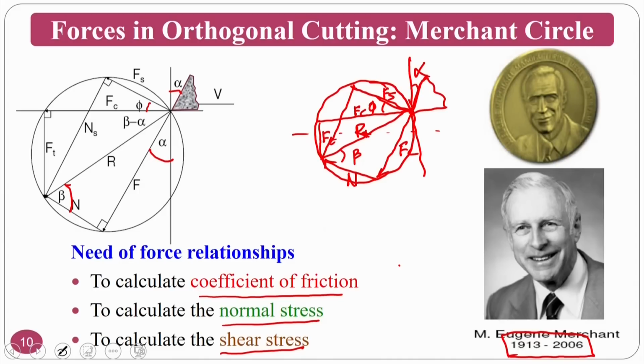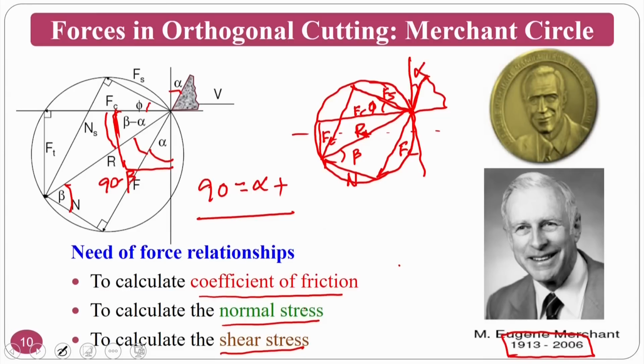If you take this as 90 degrees, then 90 degrees equals alpha plus some other angle, which works out to be beta minus alpha here. And this will be 90 minus beta.